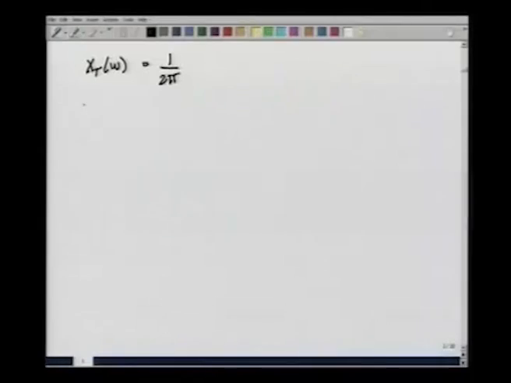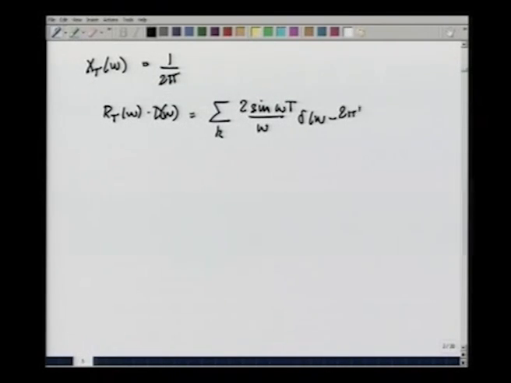Now, R_T omega times d omega will essentially be equal to, first of all let us write that expression, R_T omega times d omega is equal to summation over all k of 2 sin omega t by omega multiplied by delta omega minus 2 pi k by T_s. This is R_T omega by d omega times d omega.